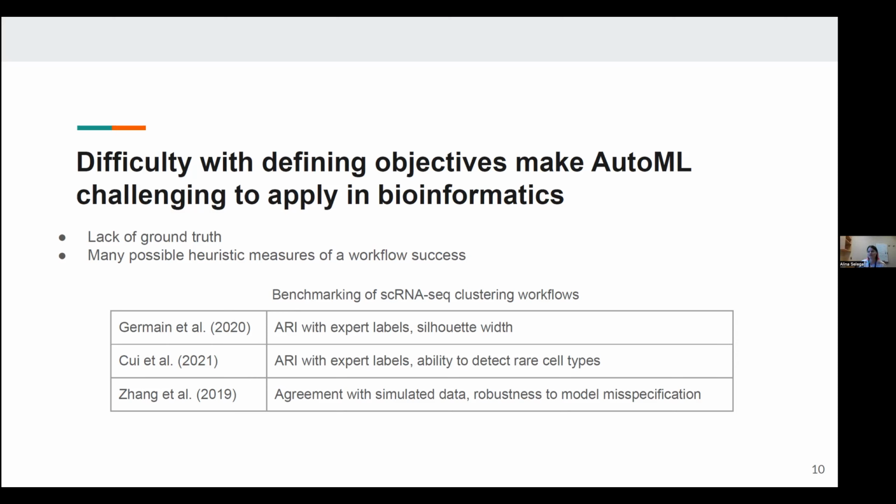Or if you didn't mention a cell type that your data does have, how does the model deal with that? So this is just to show that our community really turns to these heuristic measures that are subject to user preference in lieu of any kind of better ground truth measures, because we simply do not have those.